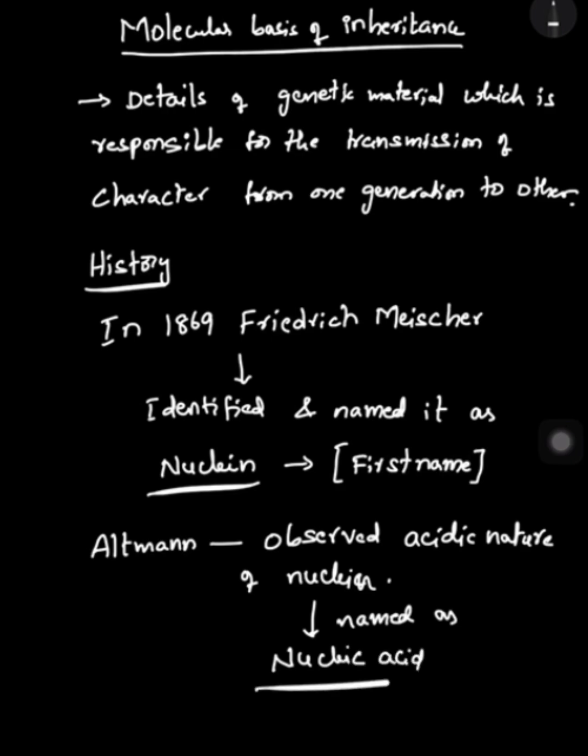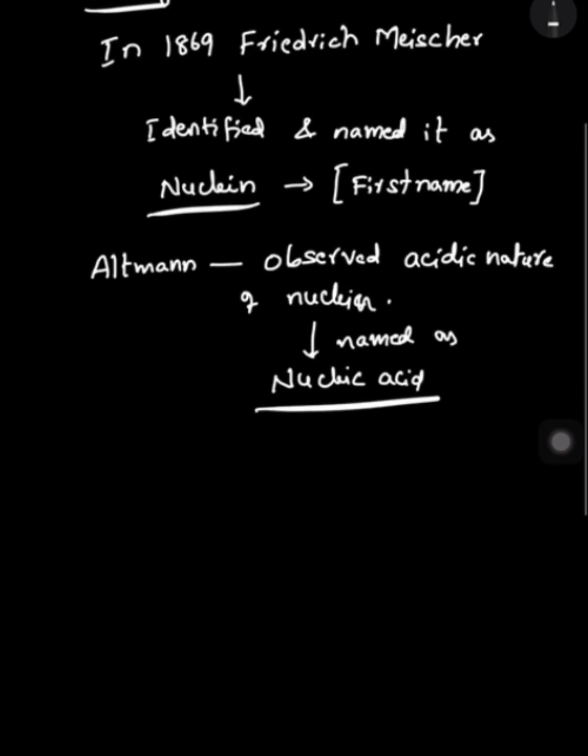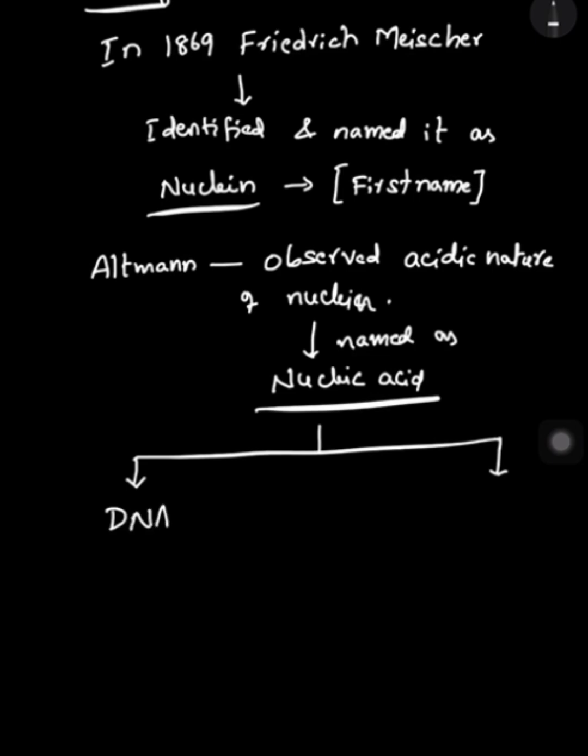The term nuclein was given by Frederick Mischer. The term nucleic acid was given by Altman. There are two types of nucleic acids in the living system. These are the DNA, which is deoxyribonucleic acid, and the second one is the RNA, ribonucleic acid.